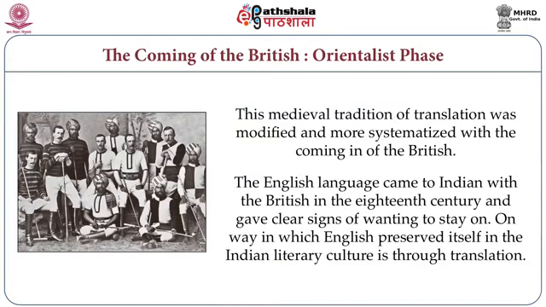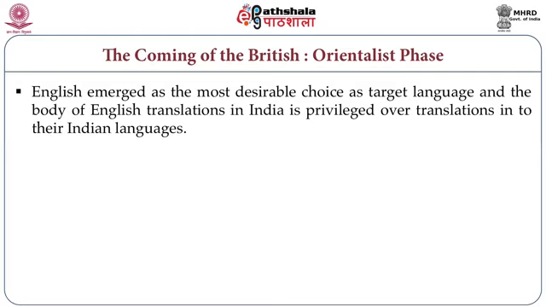The English language came to India with the British in the 18th century and gave clear signs of waiting to stay on. One way in which English preserved itself in the Indian literary culture is through translation. English emerged as the most desirable choice as target language, and the body of English translation in India is privileged over translations into other Indian languages.